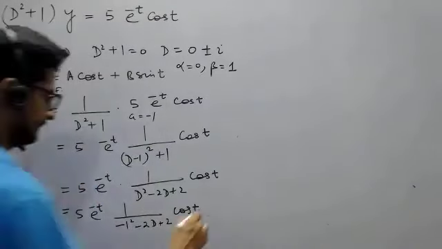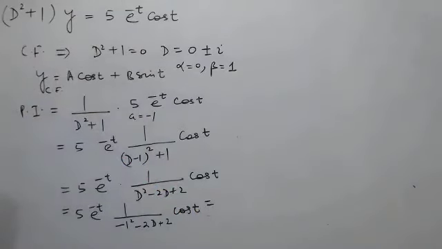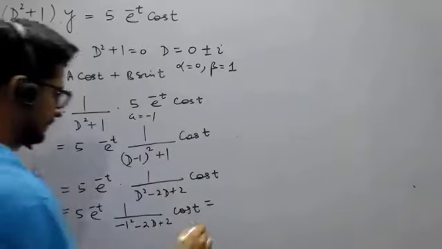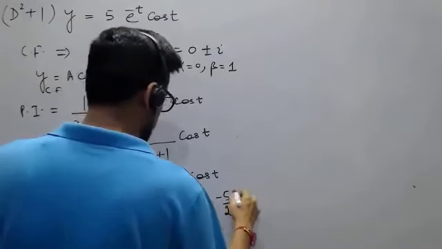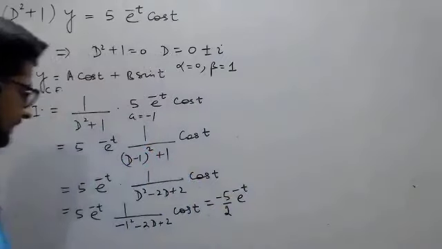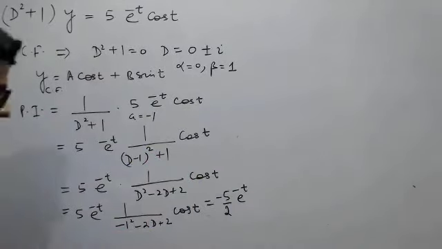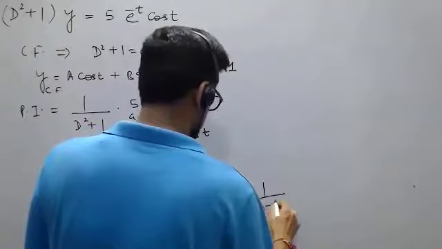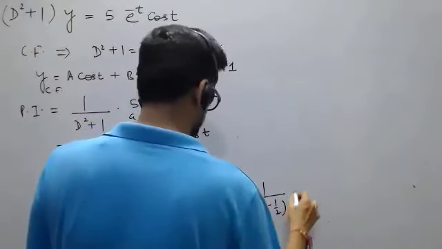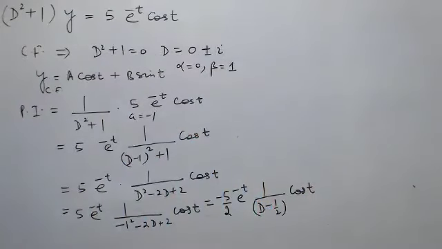So it will become minus 2d plus 1. Yes, sir. So minus 5 by 2 e to the power minus t, and it will become d plus 1. So it will become 1 upon d minus half cos of t. Is that okay?